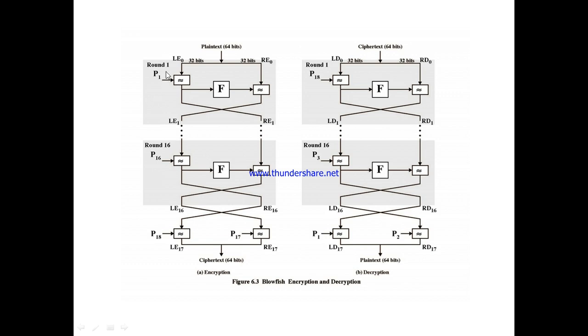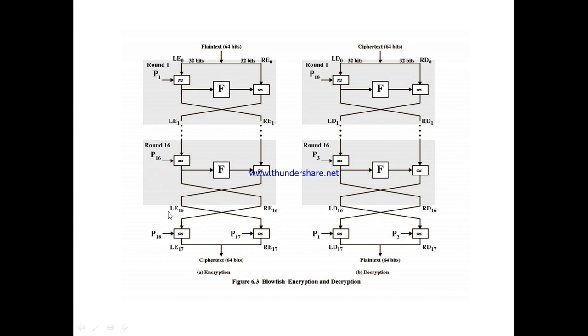Okay, so how many rounds is it using? 16 rounds. And when you observe the keys, we are storing the keys into the P1 to P18 array. That is what we call the P array. So P1 is used in round 1, P2 in round 2 and so on, P16 in round 16.